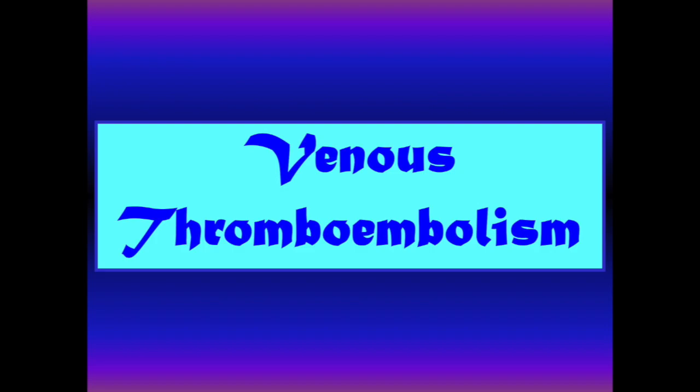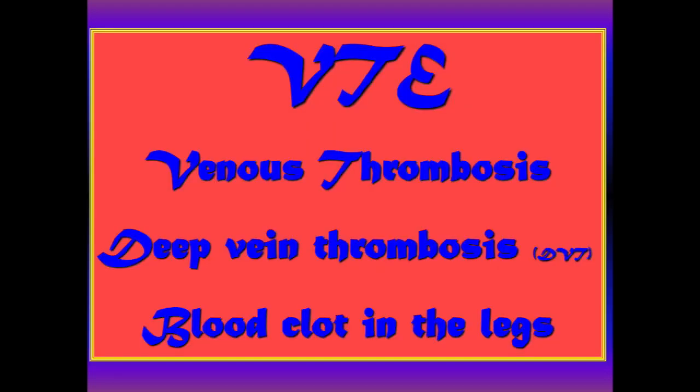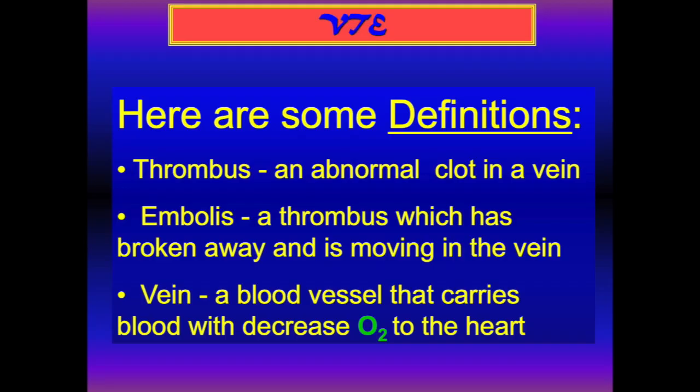Anytime we have blood that is not circulating well, that is stagnant, we can develop a clot there. And some of these clots can lead to severe injury or even death. Venous thromboembolism is also known as VTE, venous thrombosis, DVT or deep vein thrombosis, or a blood clot in the legs. Know these definitions.